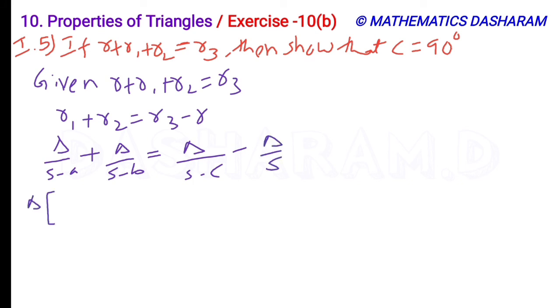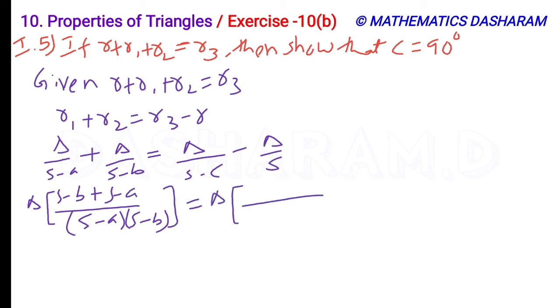So delta can be taken common on the left side and right side, and at the same time take the LCM. So (s minus b) plus (s minus a) equals, here take the delta common and take the LCM also, s into (s minus c), so s minus bracket of s minus c.